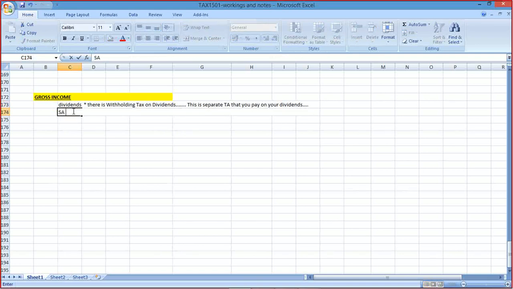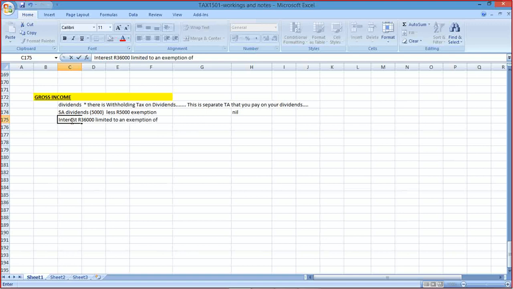Let me show you what he would show in his books. If I was doing Carl's gross income calculation, I would show this. Dividends, you would show SA dividends, SA dividends brackets 5,000, and then you would say less 5,000 exemption.